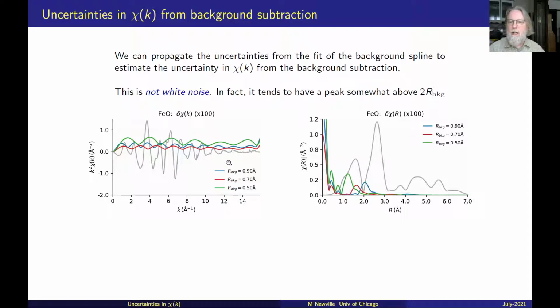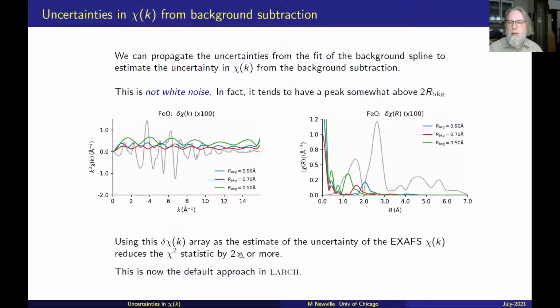If I change RBKG in the background subtraction that was discussed in the processing video to half an angstrom or 0.7 or 0.9 angstroms, then these are the resulting uncertainties. And it always seems to peak at something about twice RBKG. I think that's a function of the kind of spline we're using.